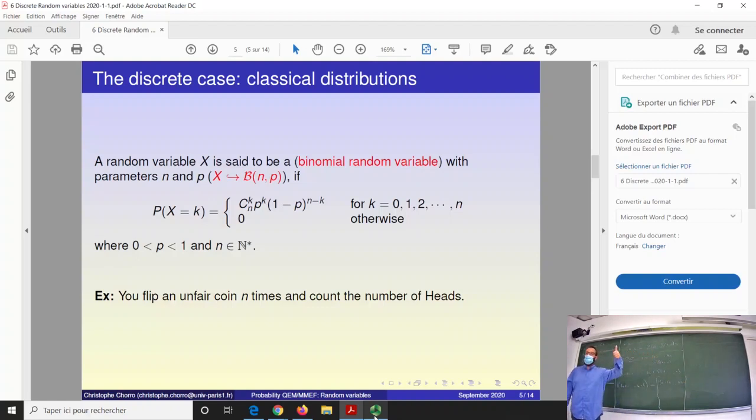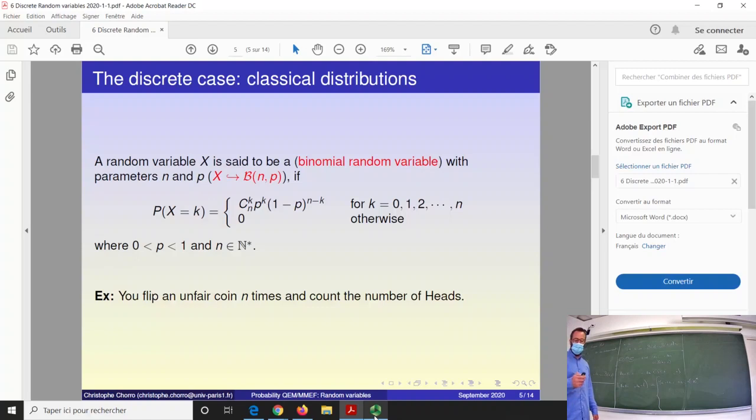But they are independent, so the probability of the intersection is equal to the product of the probabilities, and the probability of each event is, in the case of a Bernoulli, the probability to be equal to 0, which is 1 minus p. So using independence and the fact that I have a Bernoulli distribution, I have (1 minus p) to the power n. So for k equal to 0, I am able to do the job.